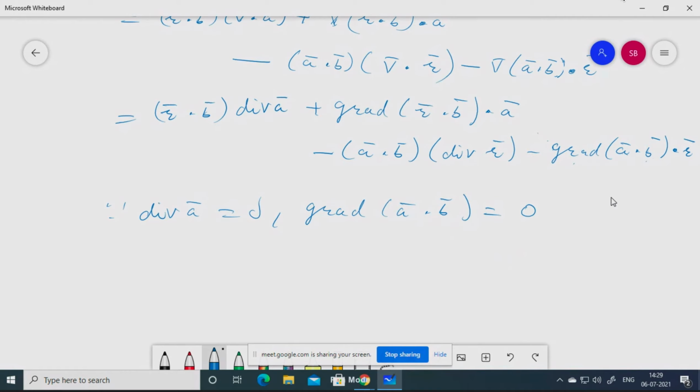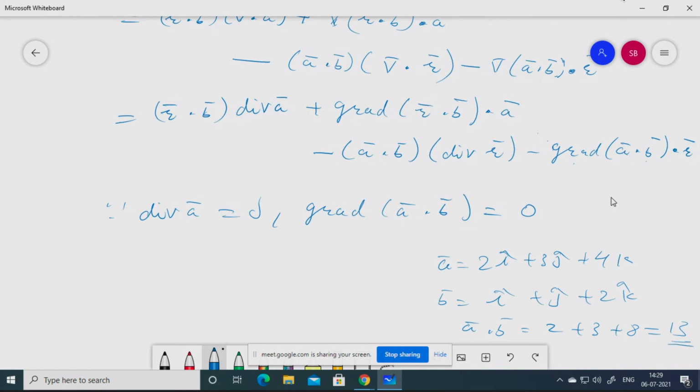It can be something like this, 2i plus 3j plus 4k. This is suppose A bar. B bar can be I plus j plus 2k. So what will be the dot product between them? This will be 2 plus 3 plus 8, and 13 you got.